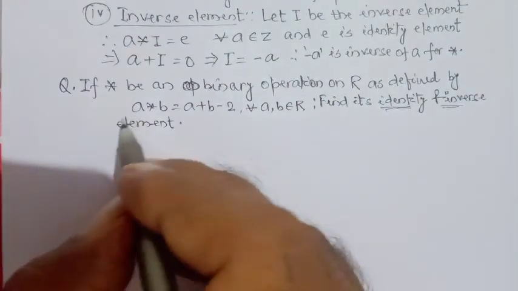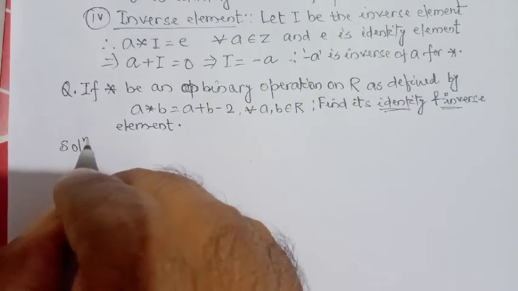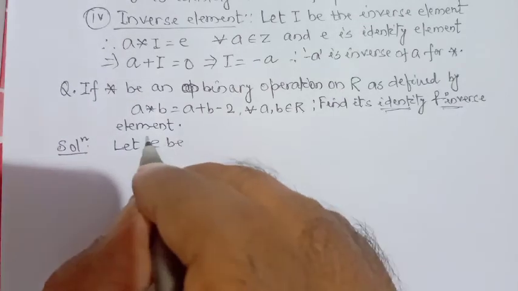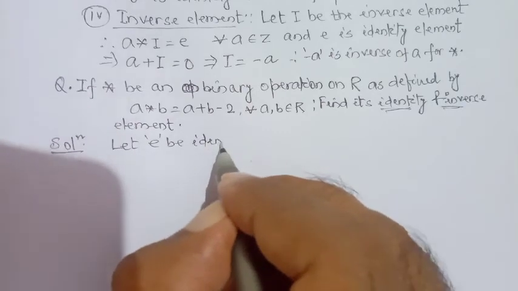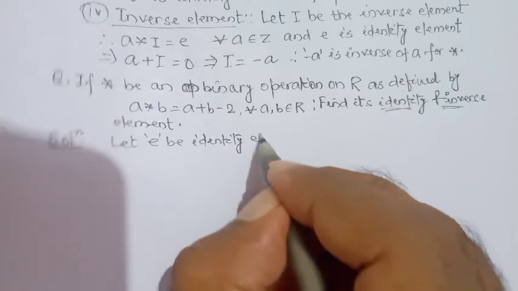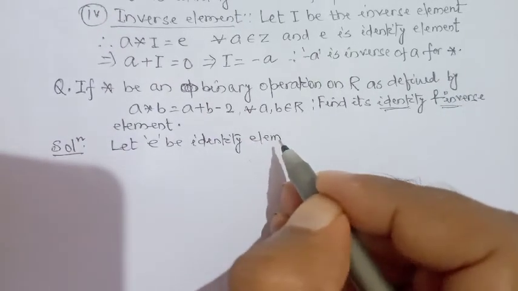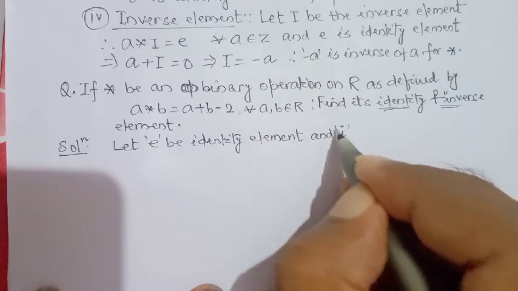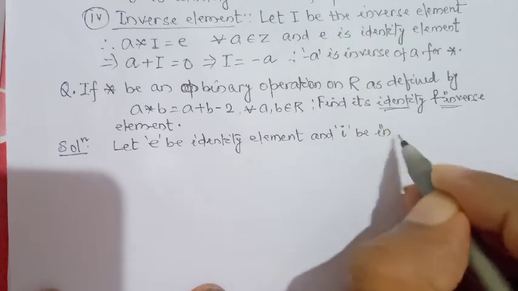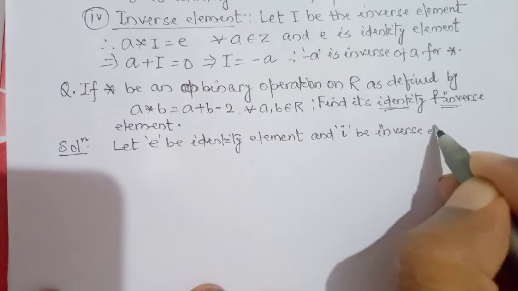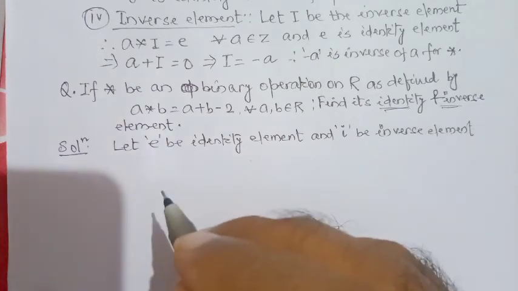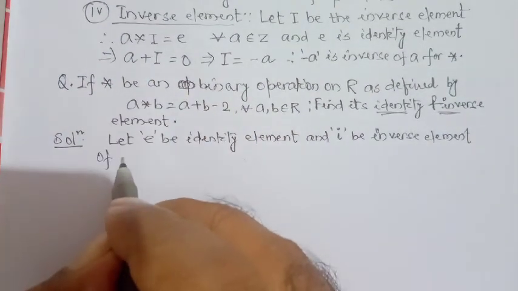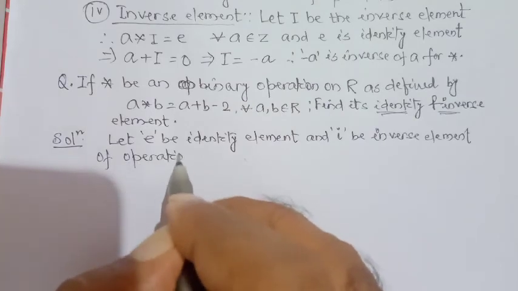So first consider, let E be the identity element, and I be the inverse element of the given operation star.